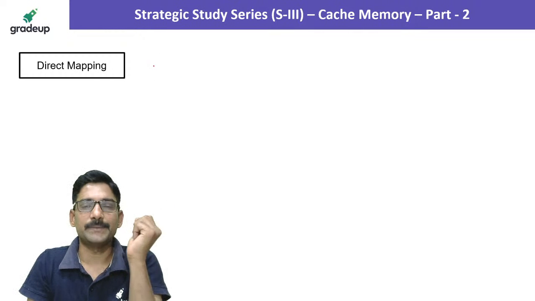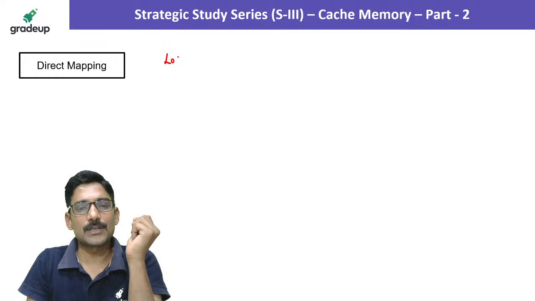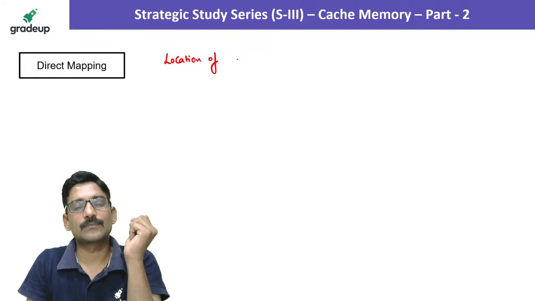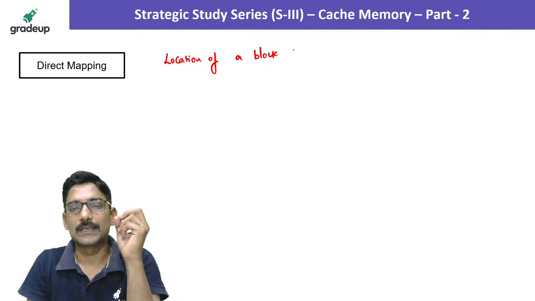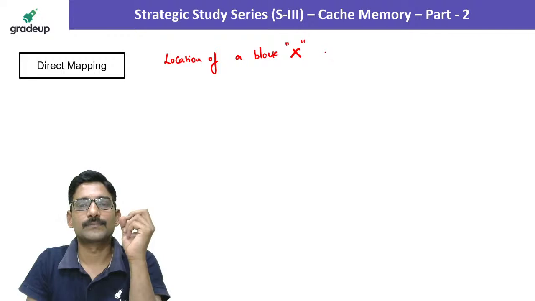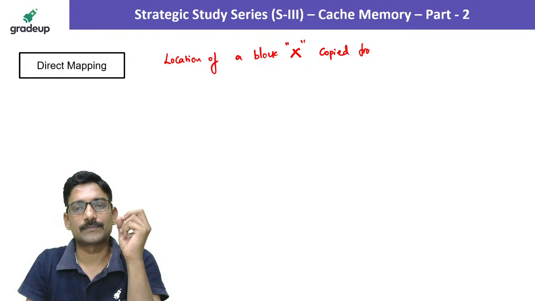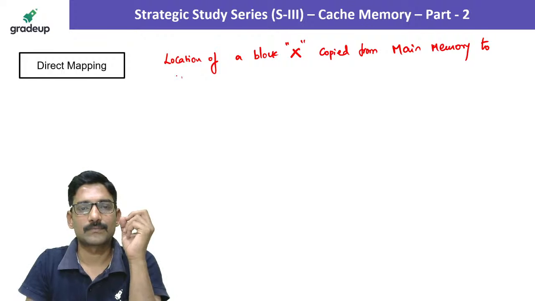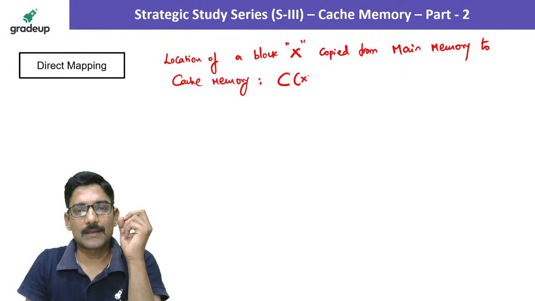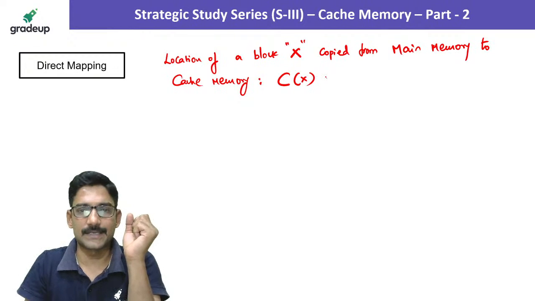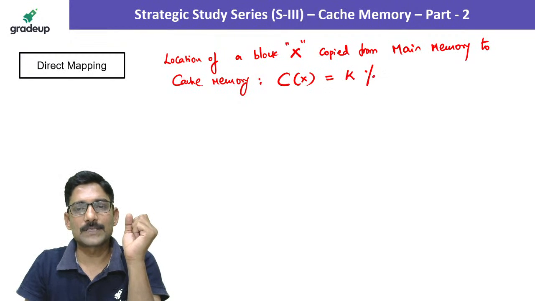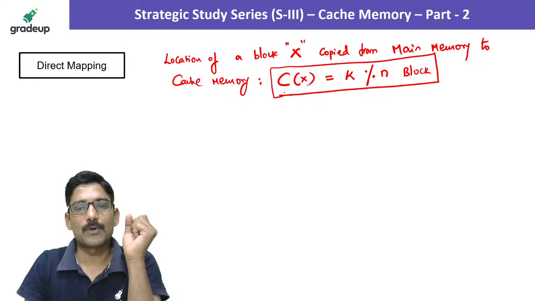According to direct mapping, the cache memory location for a block X copied from main memory to cache memory is given as K modulus n block.